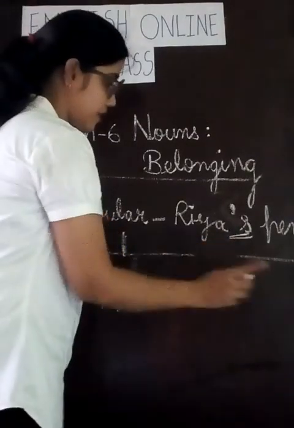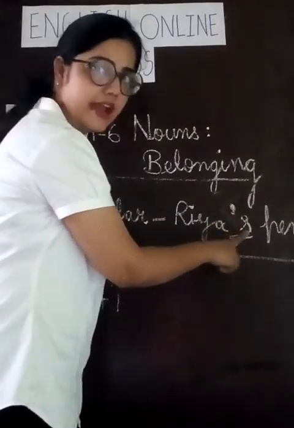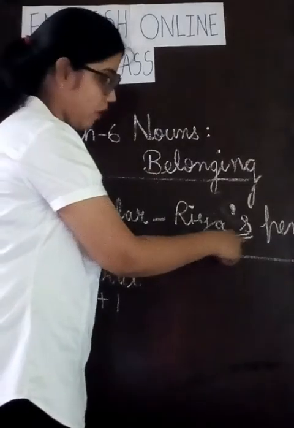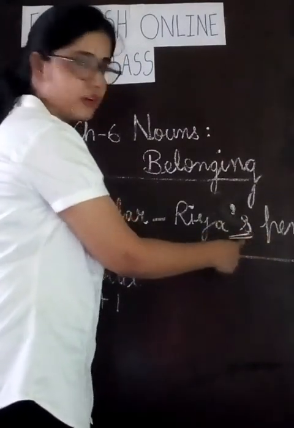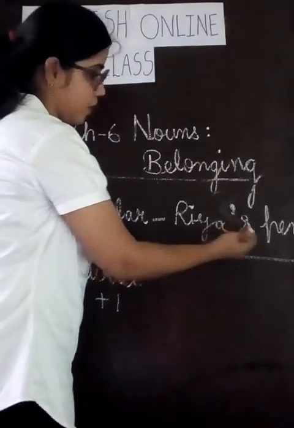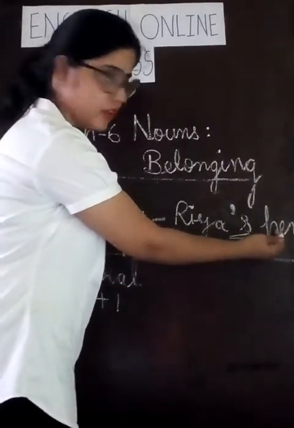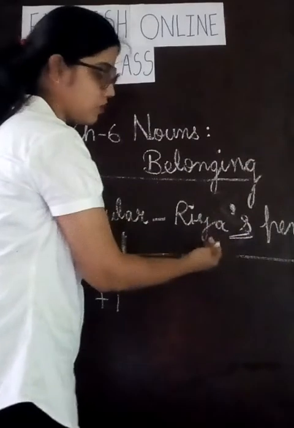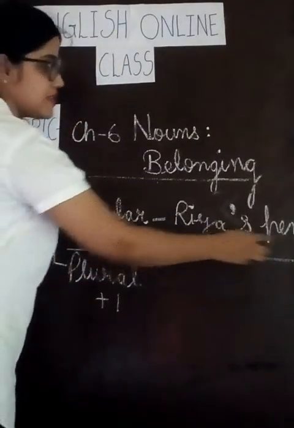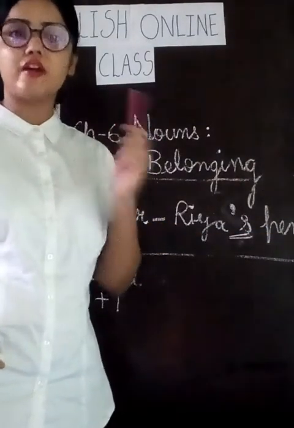First of all, keep in mind that you will write apostrophe and s after the person's name and before mentioning the object. Then we write the object which belongs to that particular person. So it becomes Ria's pen. So this is about singular nouns belonging.